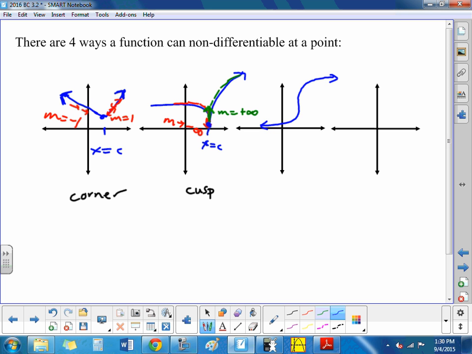On this curve, this is different. If this was a roller coaster and you were going along the track, you would pass right through this point at x equals c. Let me label my x equals c here. You wouldn't feel a jolt because the track is perfectly smooth.